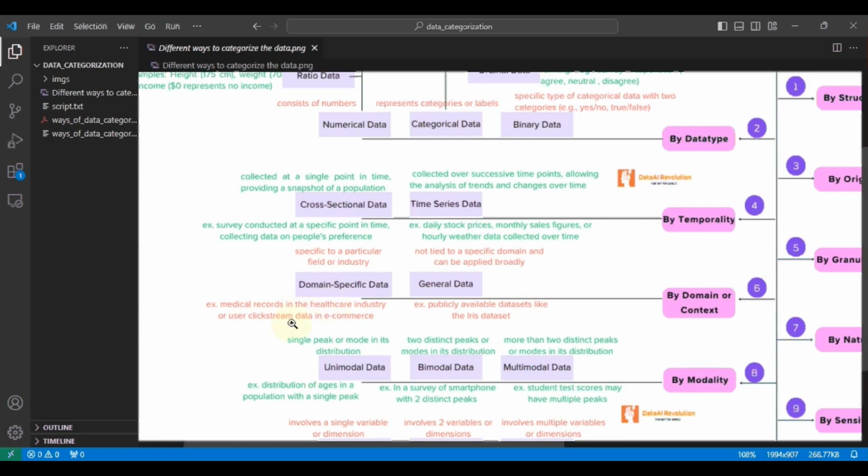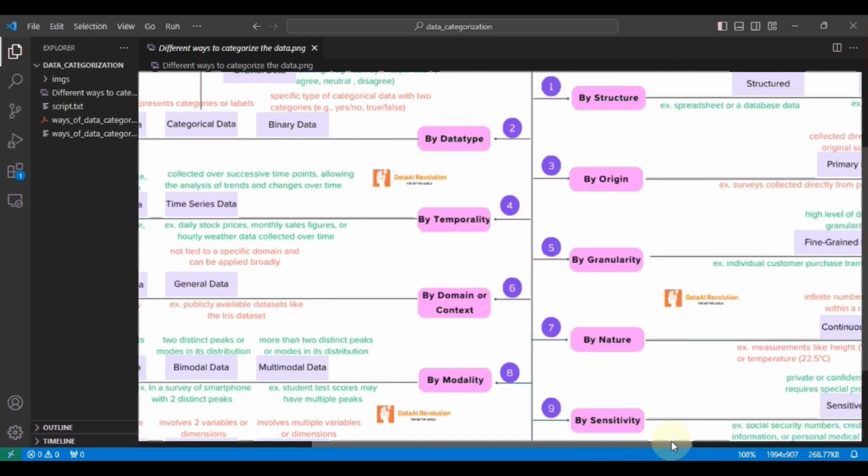Or user clickstream data in e-commerce, again domain-specific. General data is not tied to a specific domain and can be applied broadly. For example, publicly available data sets like the Iris data set, which we normally get from the internet. Any data set which is publicly available and not related to a specific domain comes under general data.